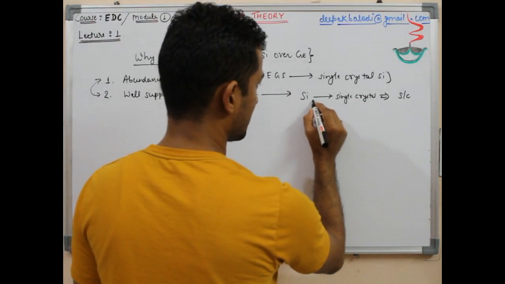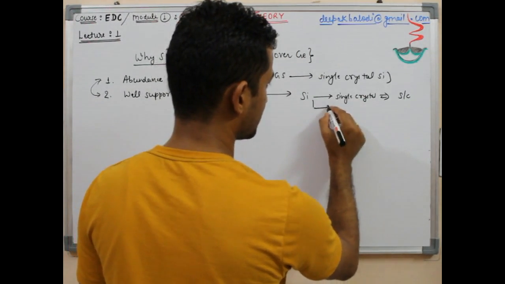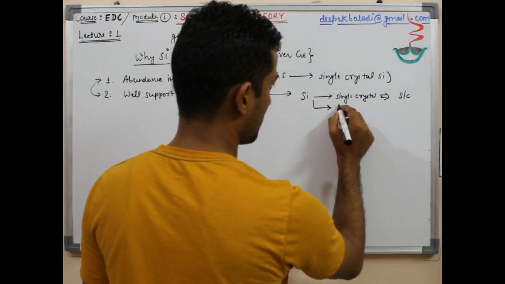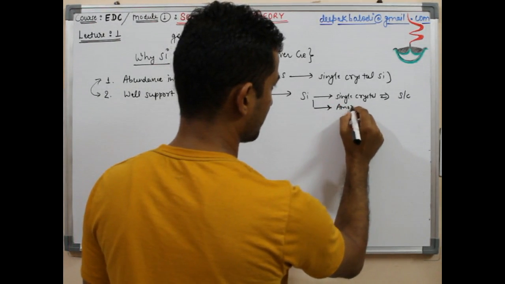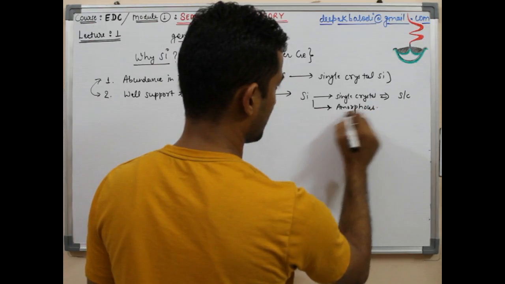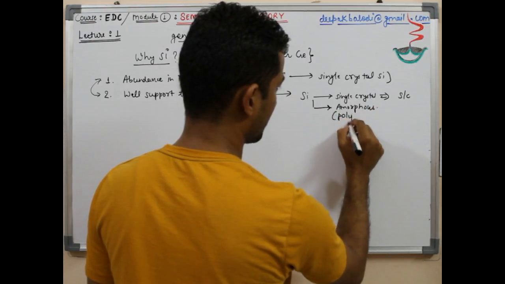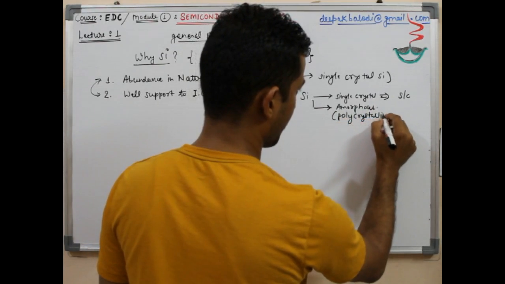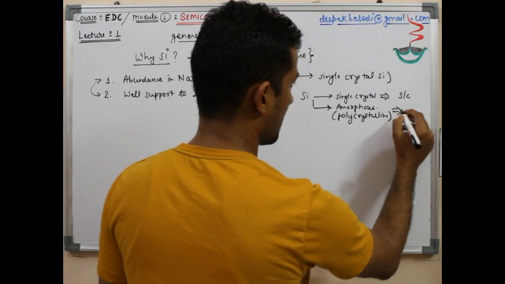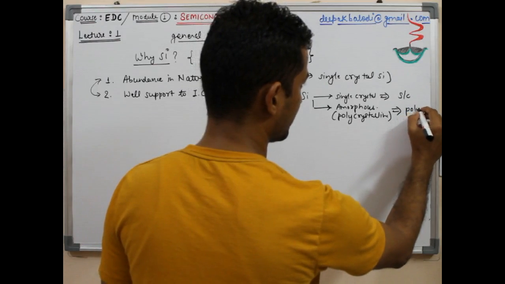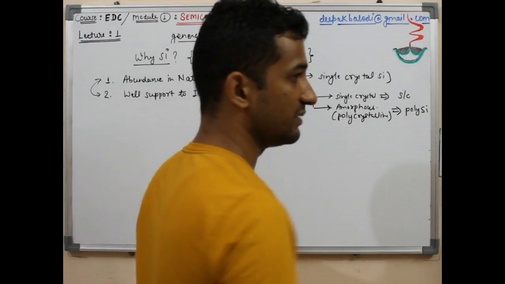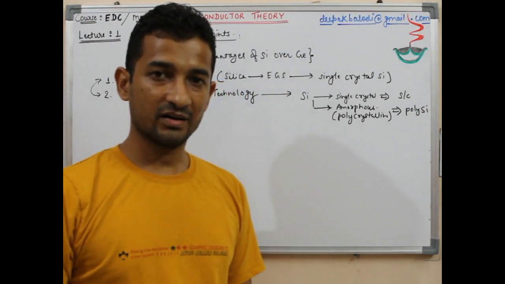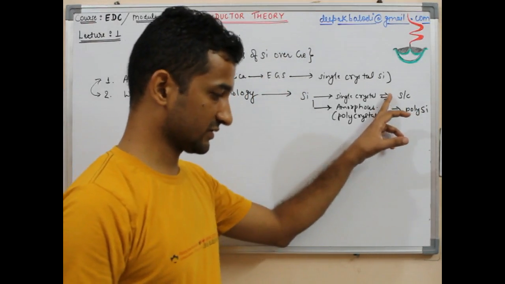Then take its other form, the amorphous or polycrystalline form. We call it polysilicon, and it is basically a better conductor as compared to the single crystal.